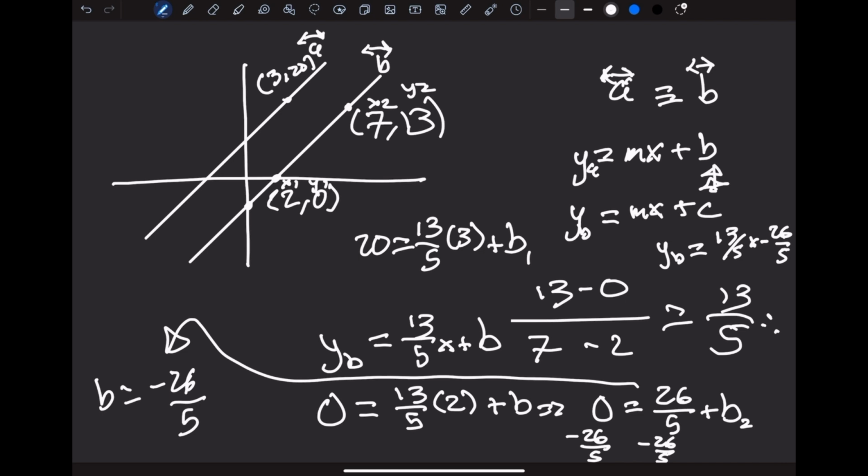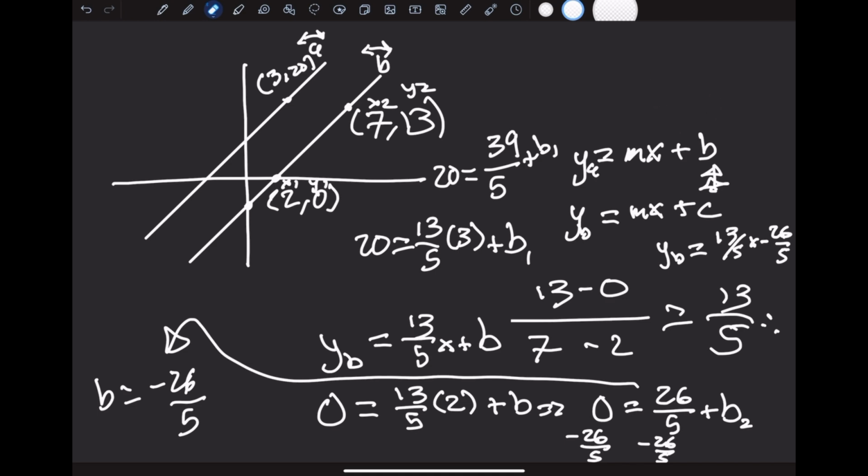So 13 times 3, 39 over 5 plus b1 is equal to 20. Then subtract 39 over 5 on both sides. So we have 20 minus 39 over 5 equals b1. Multiply 20 by 5 over 5 to get the same denominator so we can subtract.